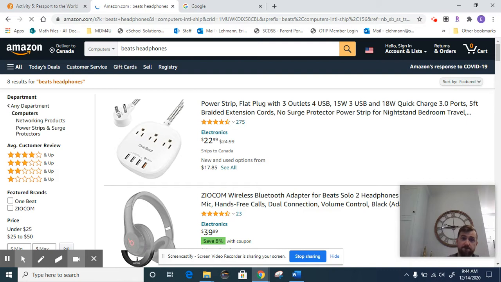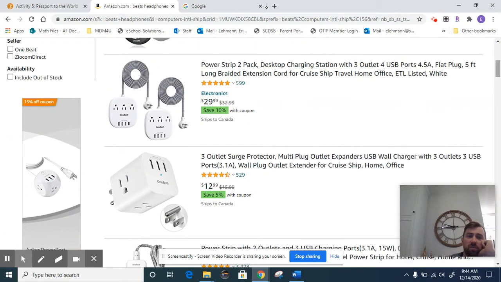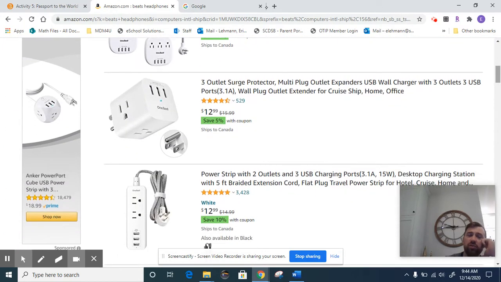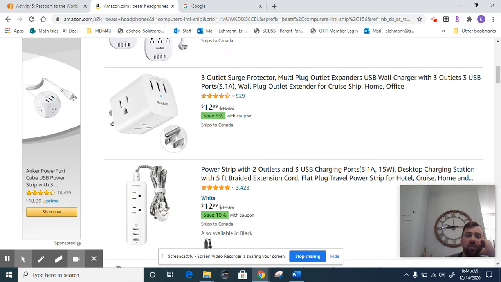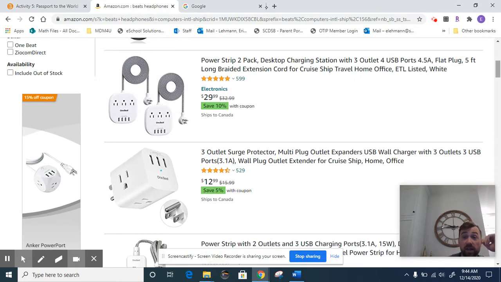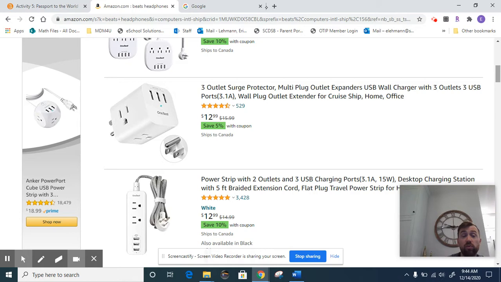I guess they probably don't really sell those on Amazon. That's probably not a great example, but we can look at other things. So here's some wall chargers. These are useful, right? These are power bars that we use to charge our devices. So $12.99, however, that's in US dollars. So you would need to know exactly how much that would cost.